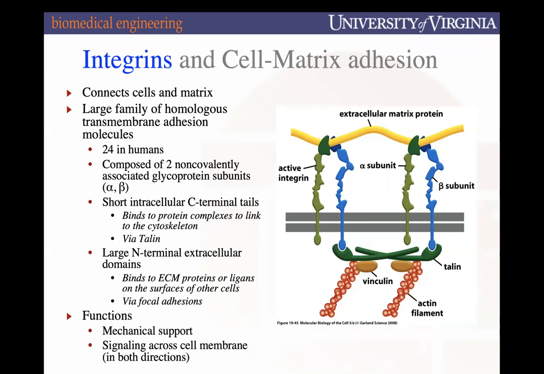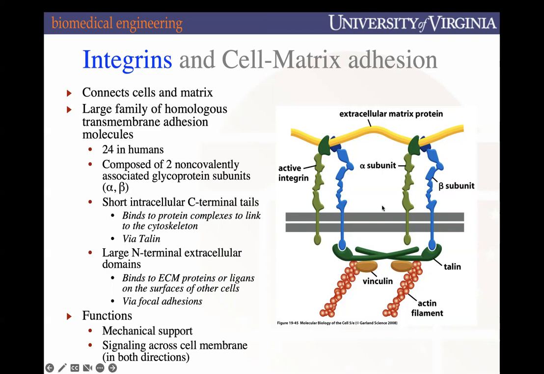They each have an alpha subunit and a beta subunit, depicted here in what looks like green and blue. There are 18 different kinds of alpha subunits and 8 different kinds of beta subunits. And so the different combinations that occur in humans lead to 24 different heterodimer combinations of integrin.